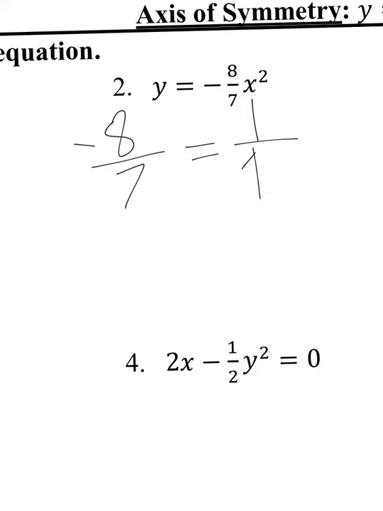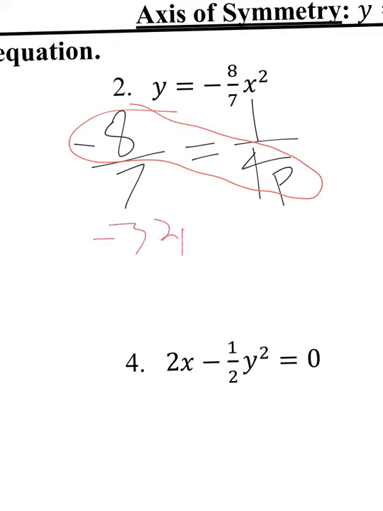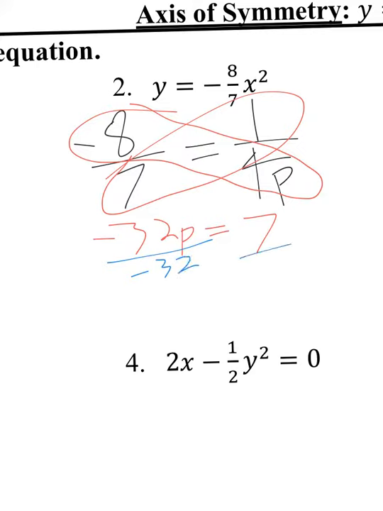And I'll set that equal to 1 over 4p. And I'll cross multiply. So negative 8 times 4p is negative 32p. And then I'll equal it to 7 times 1, so that's 7. So I'm going to divide by negative 32. And so p will equal negative 7 over 32.